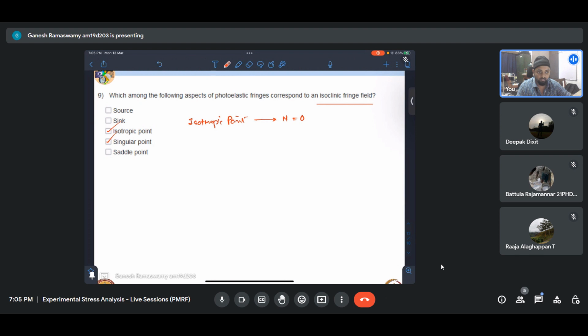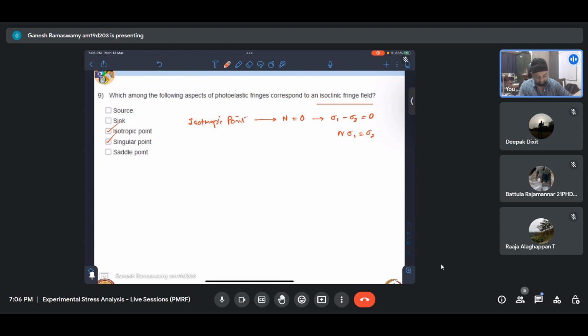All planes are principal planes, which means n equal to 0. So once this is done, what does this tell us? This only tells us that sigma 1 equal to sigma 2. This is all this tells us.